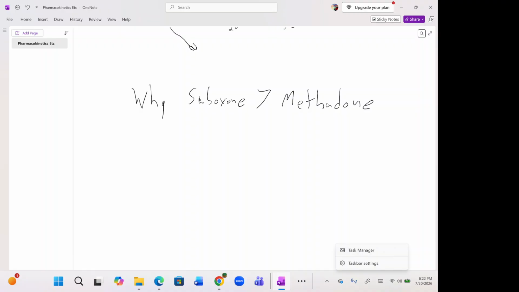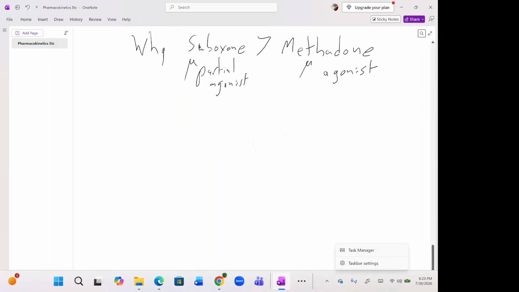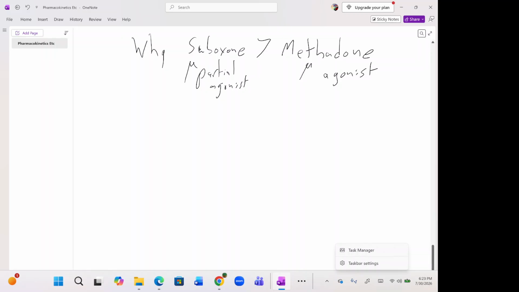So methadone is a mu agonist, and Suboxone is a mu partial agonist. And when I say Suboxone, what I really mean is the buprenorphine and Suboxone. But I hope you guys get that. Because Suboxone also has naloxone in it, which is a blocker.